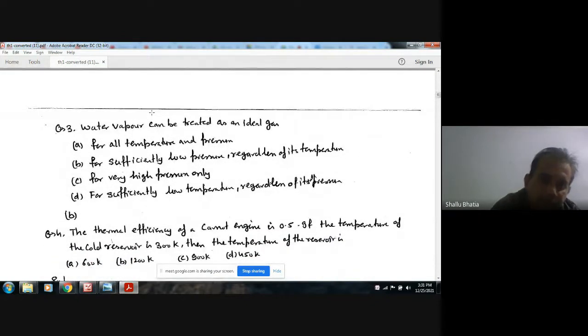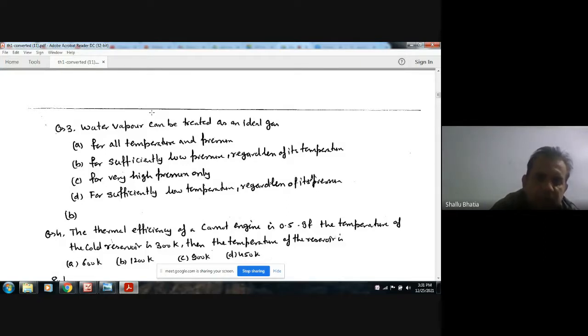Next, question 3: water vapor can be treated as an ideal gas for all temperature and pressure, or for sufficiently low pressure regardless of its temperature. The water vapor can be treated as an ideal gas at low pressure, regardless of its temperature, at low pressure and at very high temperature.